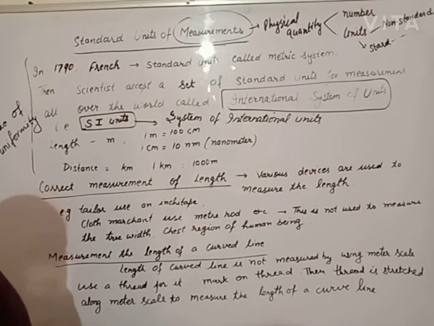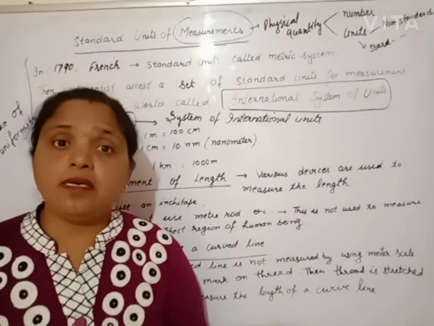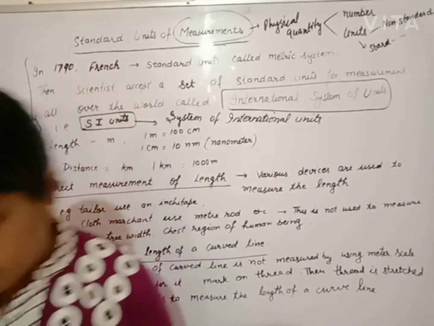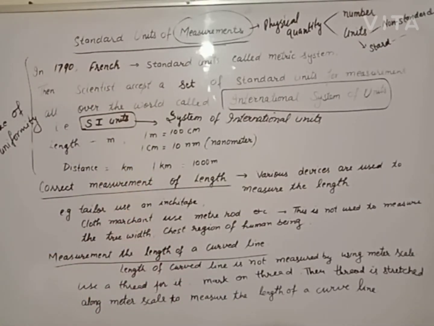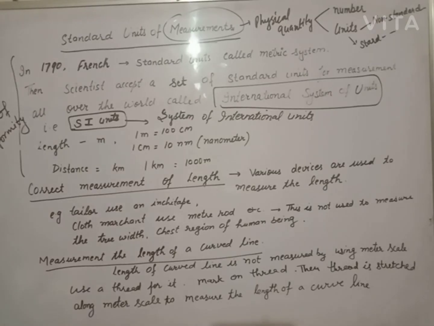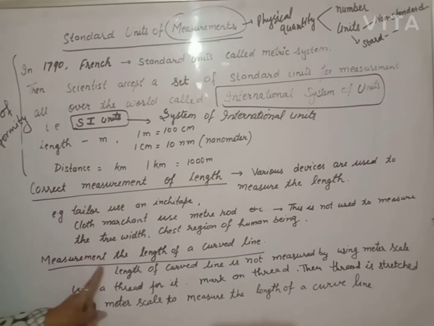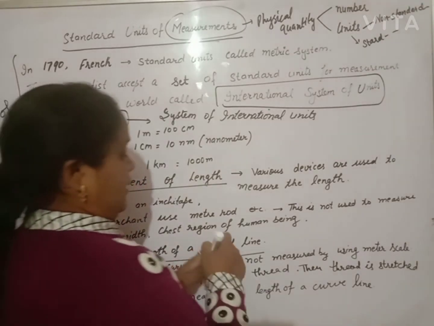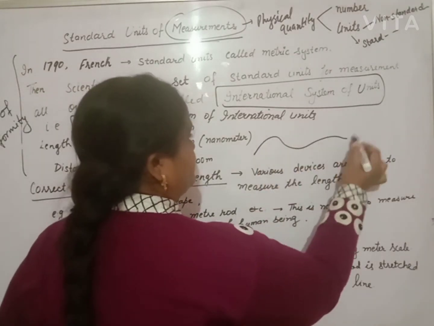But if I want to calculate the length of a curved line, now we will start the measurement of the length of a curved line. Better, suppose we have this line.